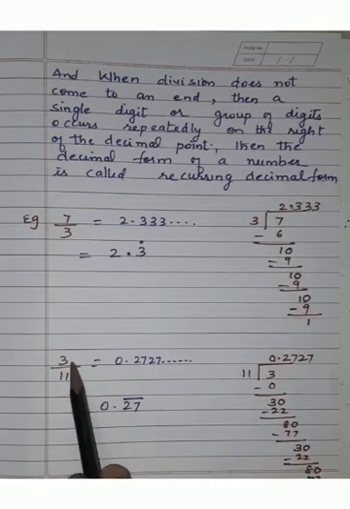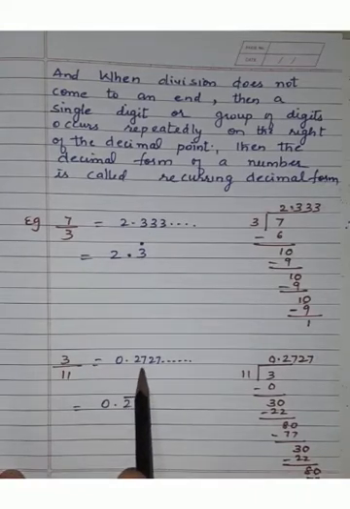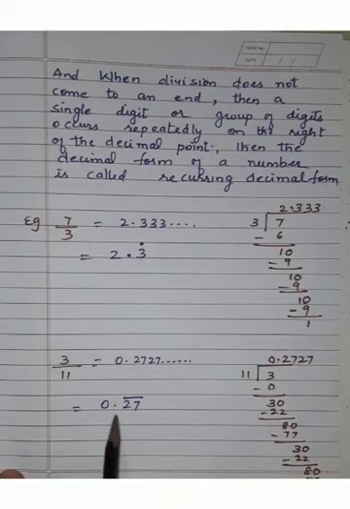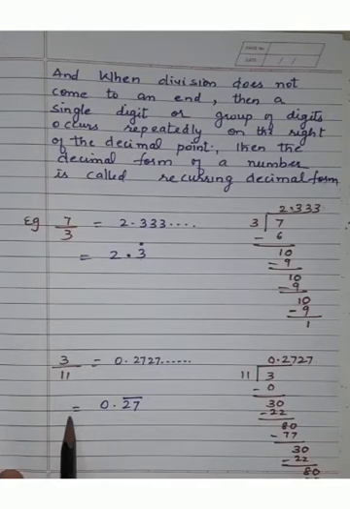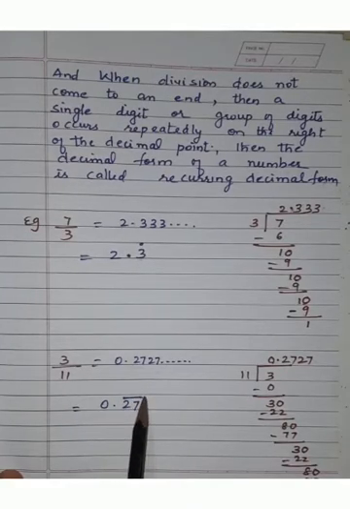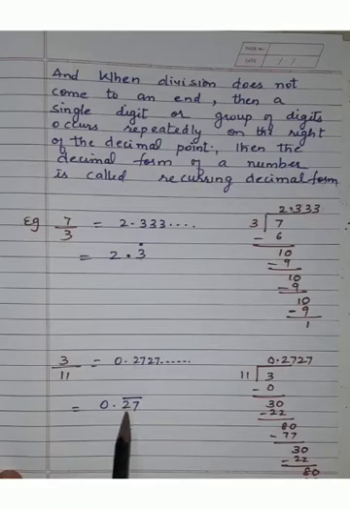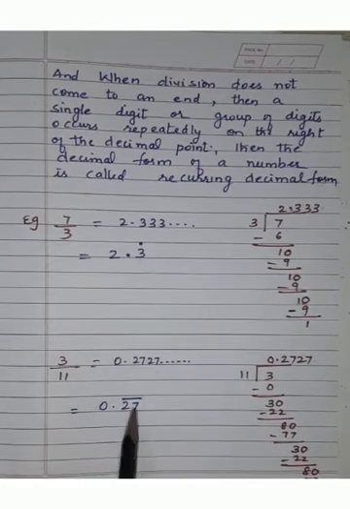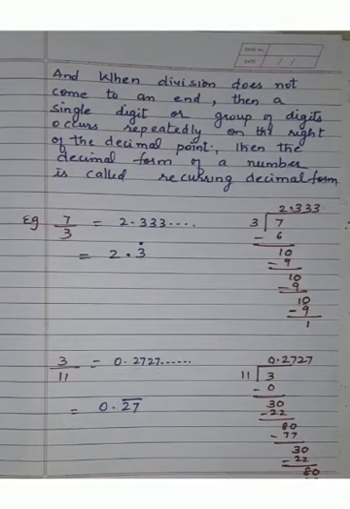So we can write 3 upon 11 as 0.2727... That means 3 upon 11 is equal to 0.27 with a bar on top of 27. This bar shows that after the decimal point, 27 is recurring again and again. Is that clear, children?